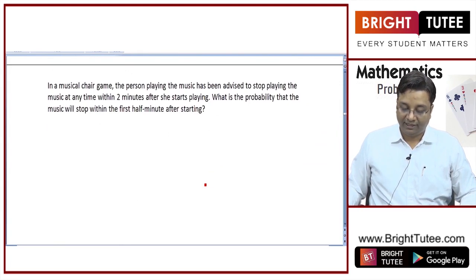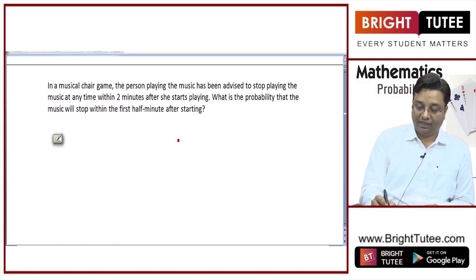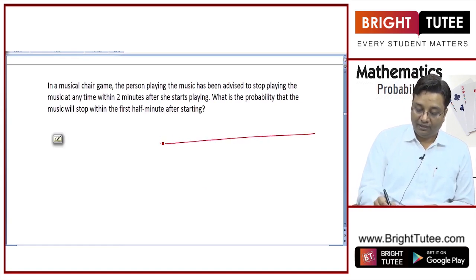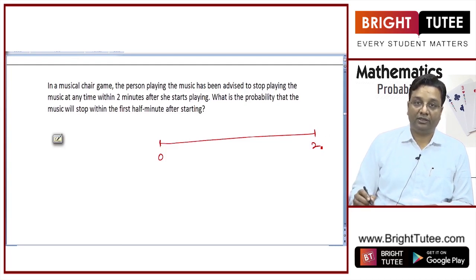In a musical chair game, a person playing the music has been advised to stop playing the music any time within 2 minutes after she starts playing. What is the probability that music will stop within first half minute after starting? Let us consider this line as 2 minutes, right?